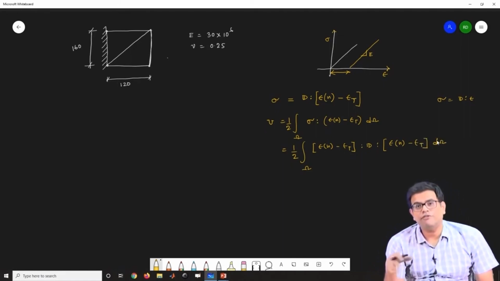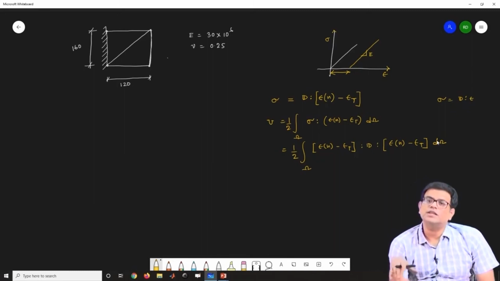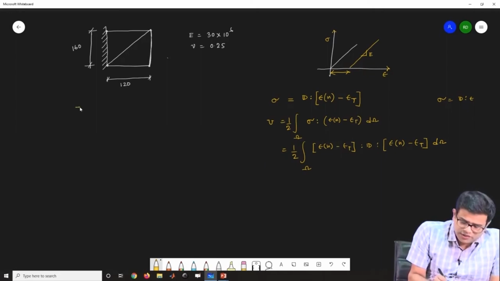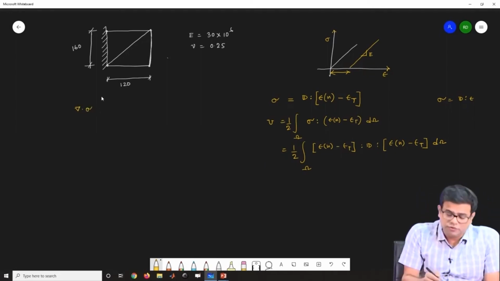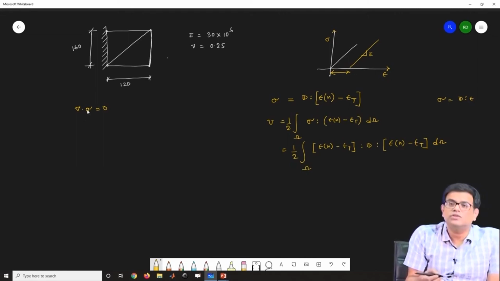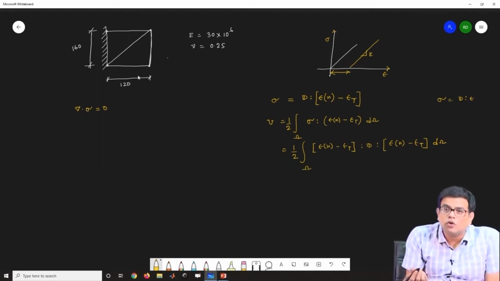Now the weak form or the governing equation, if I do it from here: our governing equation is now del dot sigma, if I neglect the body force, equals 0. For this problem there is no applied traction or mechanical force acting on the body, but it may be possible that along with the temperature change there is a traction force acting on the body.